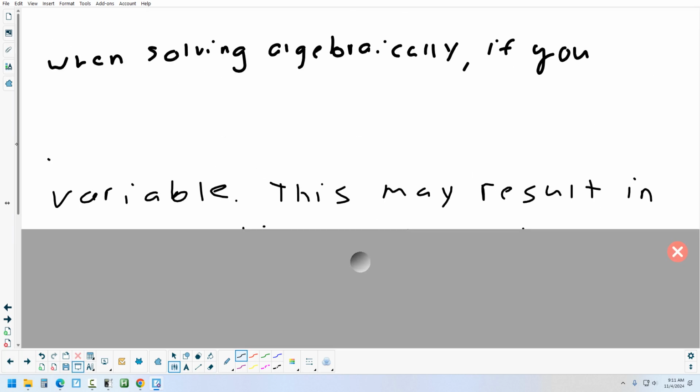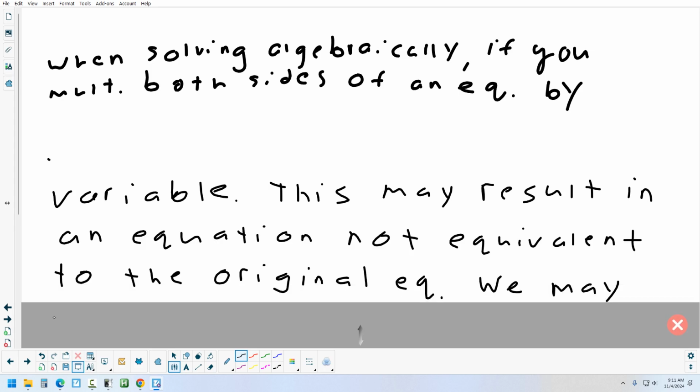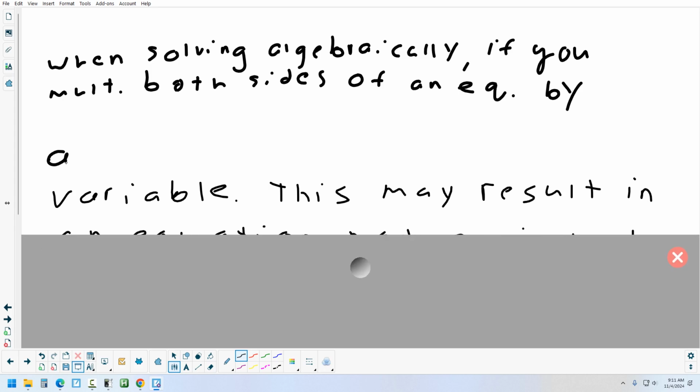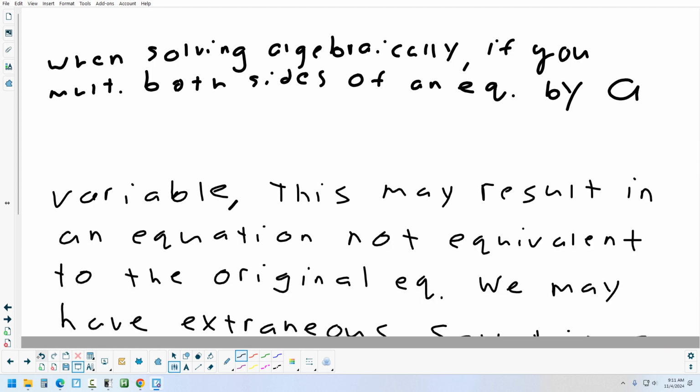Okay, so when solving algebraically, if you multiply both sides of an equation by a variable, comma, this may result in an equation not equivalent to the original.